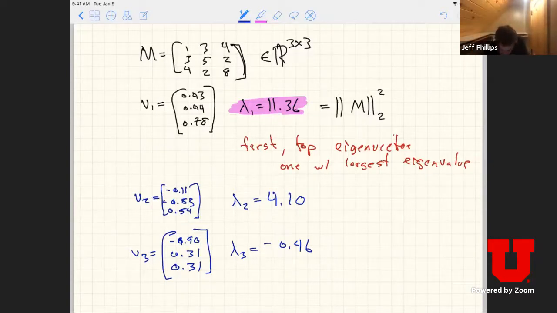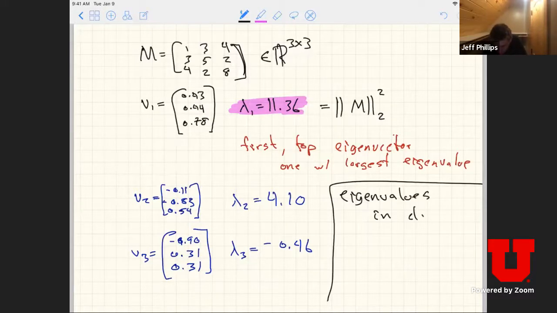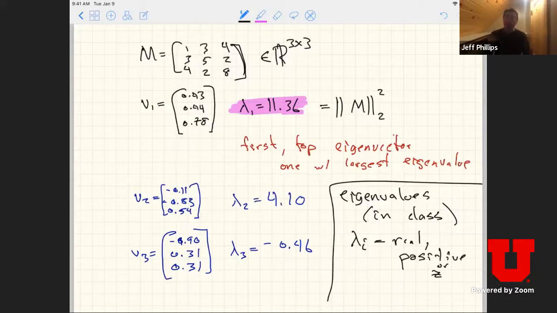So in this class, and in a lot of data analysis, each lambda_i is going to be real and positive, or zero. There'll be some cases where they'll be zero, and we'll explain this in a bit.